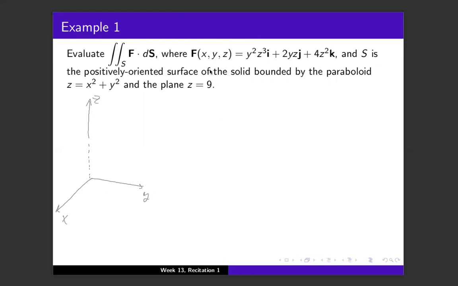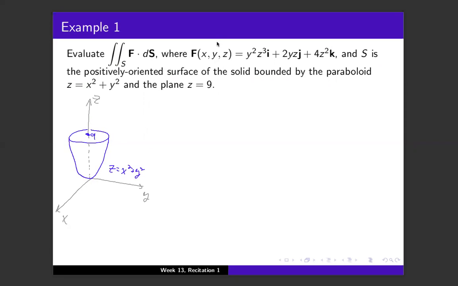And we're looking at the solid bounded by this paraboloid, the usual paraboloid that we're used to, which is z equals x squared plus y squared. And it's bounded by both this paraboloid and the plane z equals 9.